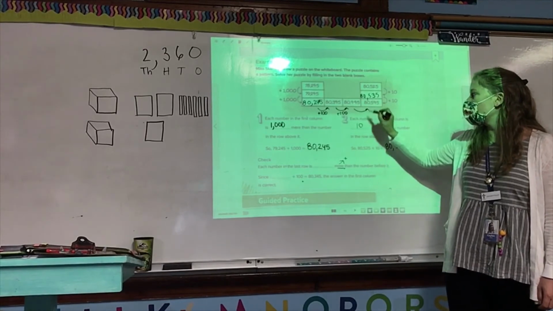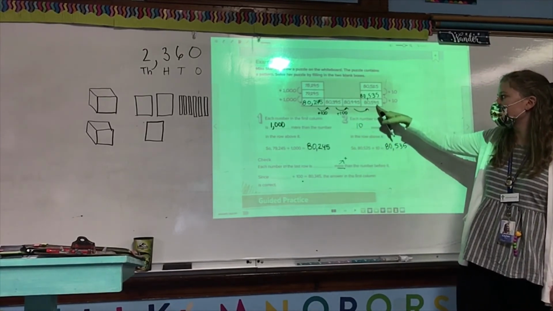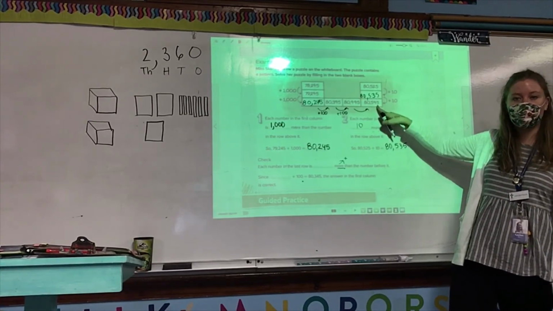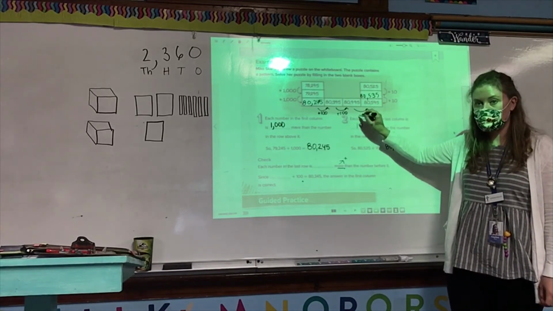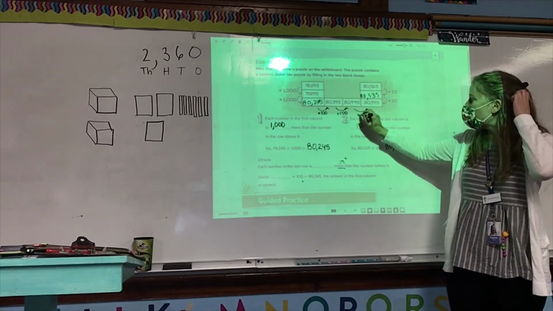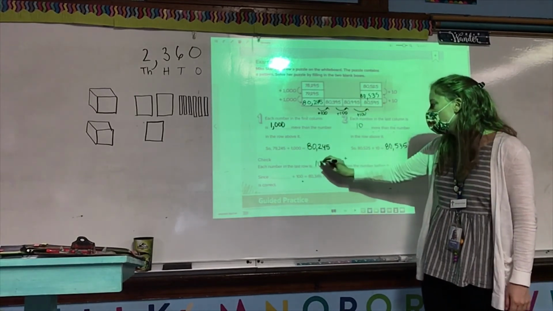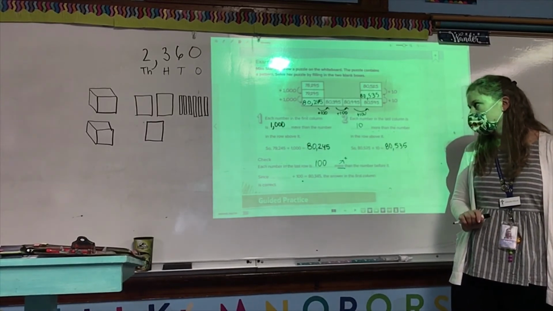And then from here to here, 80,445 to 80,545. What did we add here? Carla? We added 100. So that means each number in the last row is 100 more than the number before it.